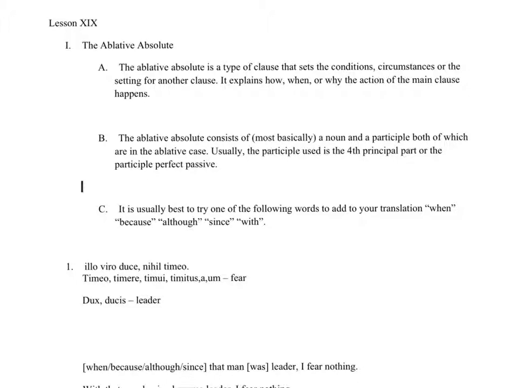Most basically, in its simplest form, the ablative absolute clause consists of a noun and a participle. It's called the ablative absolute because both of those have to be in the ablative case. Usually the participle that is used is the fourth principal part, the one that you've learned already, which is also called the participle perfect passive.